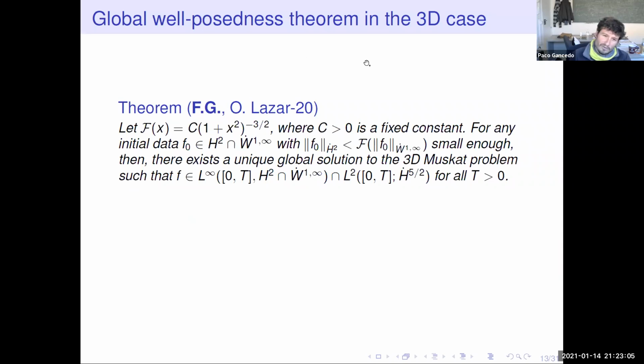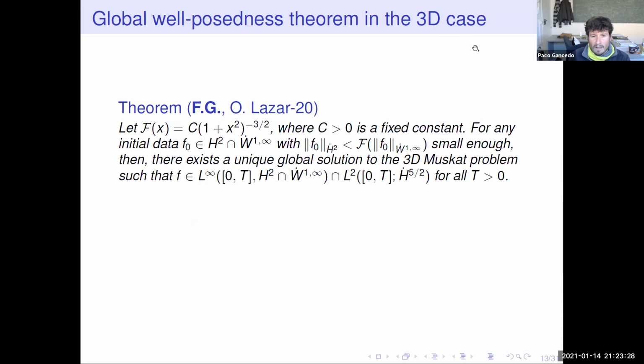Good, so now I can tell you about the result I wanted to talk about, with Omar Lazar. It is a well-posedness result in 3D, in a stable situation. In 3D, the equation is more nonlinear, nonlocal, and harder to deal with.